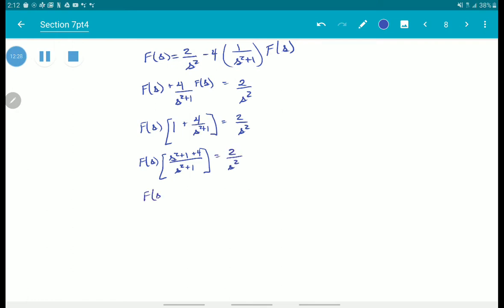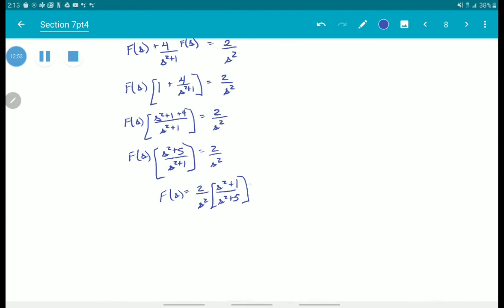So this is really s squared plus 5 over s squared plus 1. So then F of s is 2 over s squared times s squared plus 1 over s squared plus 5. And that's really 2s squared plus 2 over s squared times s squared plus 5.